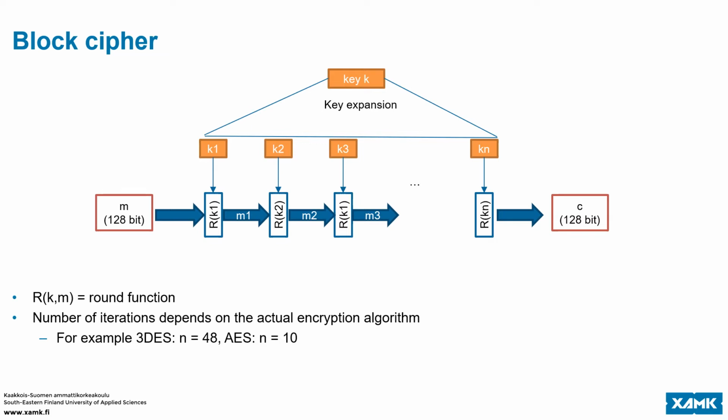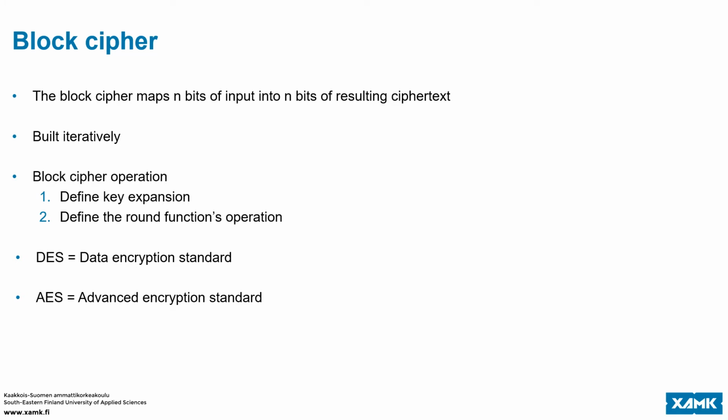So the algorithm in the round function is again the XOR operator. This is then repeated multiple times, in the case of AES, 10 times. The round functions are completely reversible, meaning that in order to decrypt the data, we just use the round keys in the reverse order. So a block cipher maps n bits of input into exactly n bits of resulting ciphertext.